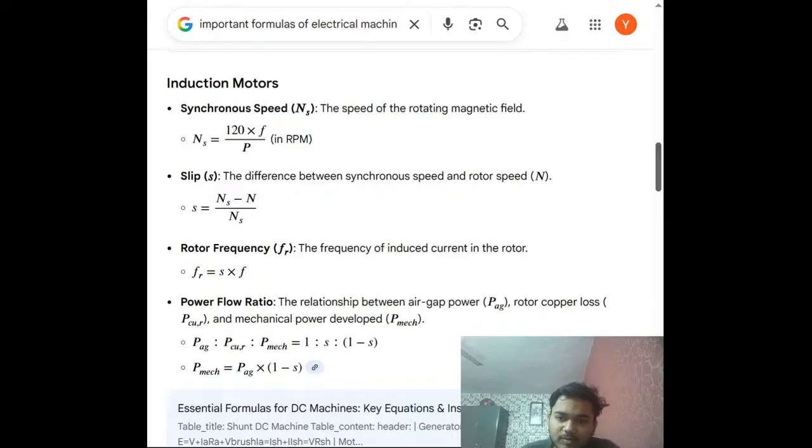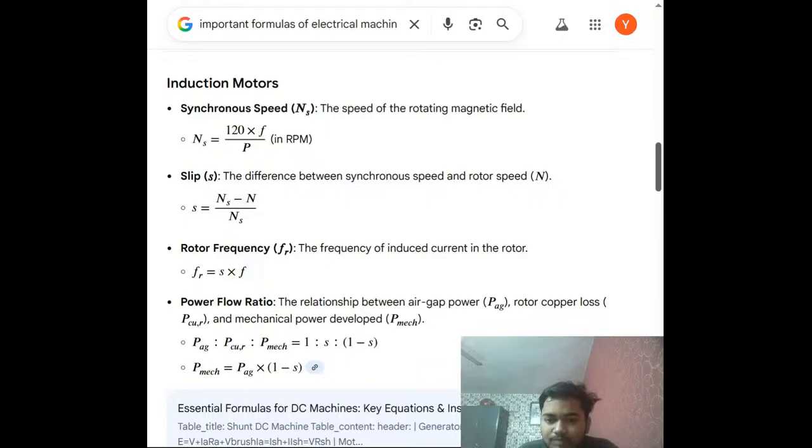Slip is the difference between synchronous speed and rotor speed. Synchronous speed is the rotating magnetic field produced by the stator winding, and rotor speed is the speed at which the rotor is actually running.